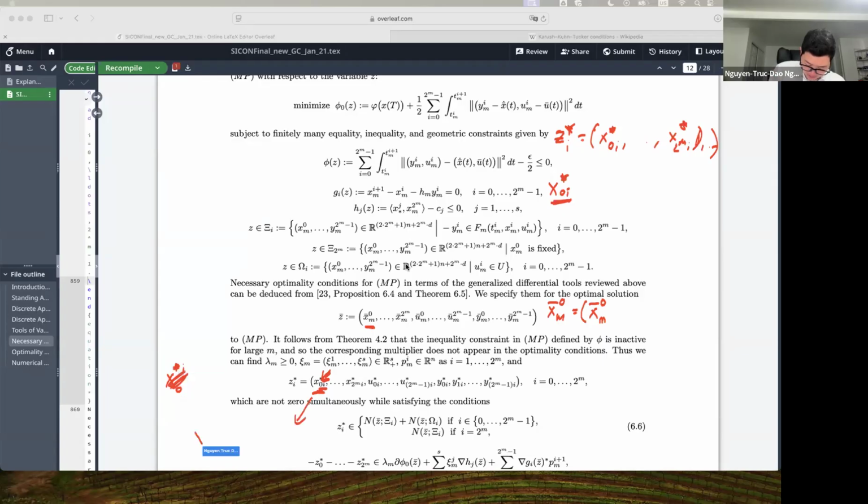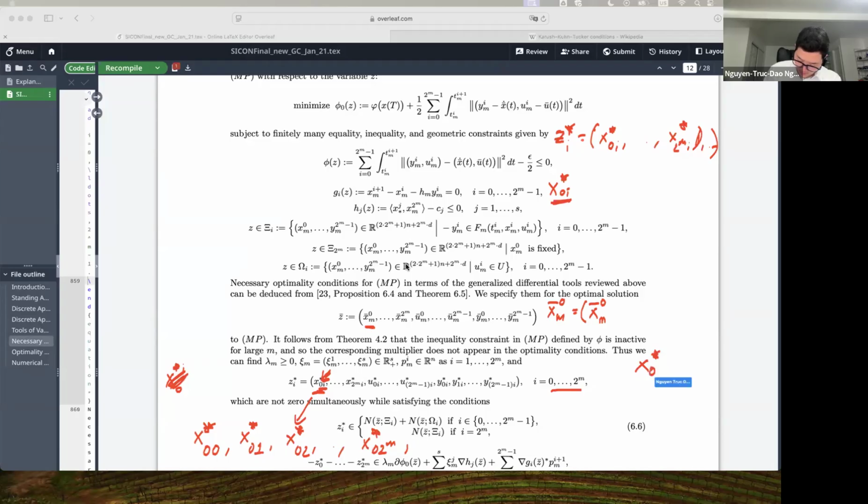So x star 0i here will be 0, 0, because i runs from 0 to 2^m, right? I'm going to write x star 0,1, 0,2 until x star 0,2^m. And then you can keep writing it.